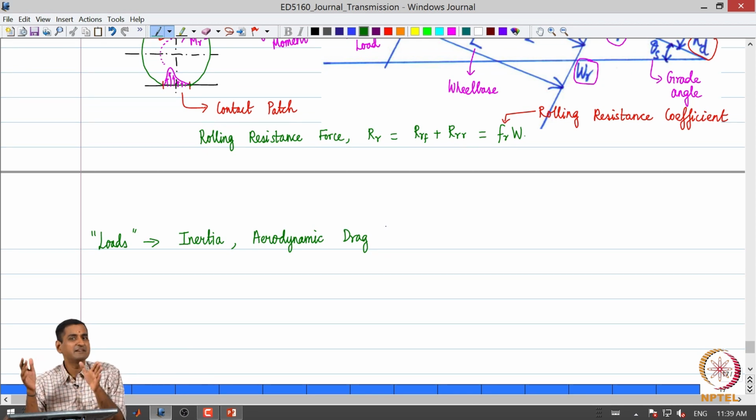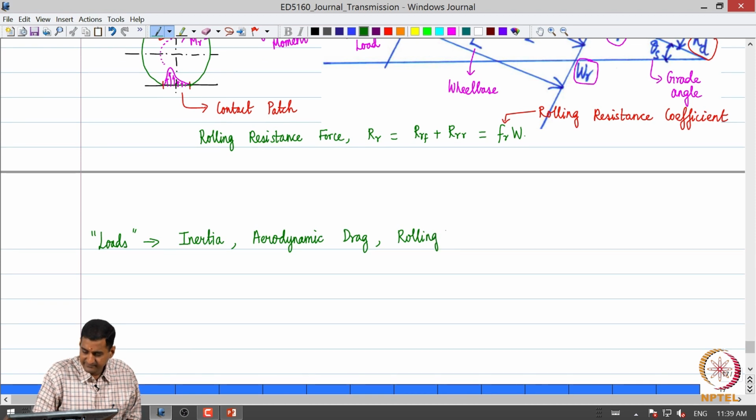It may not be very significant at low speeds, of course it depends on the type of vehicle, right, but it becomes more critical when we are cruising at constant speeds and the speeds are in mid to high ranges, okay. So there aerodynamic drag plays an important role. Then we have rolling resistance, then we have grade resistance.